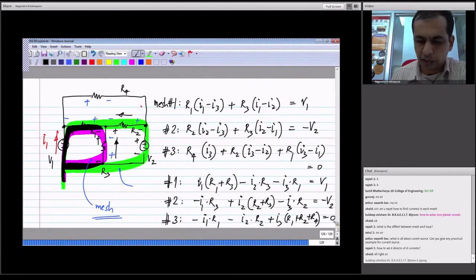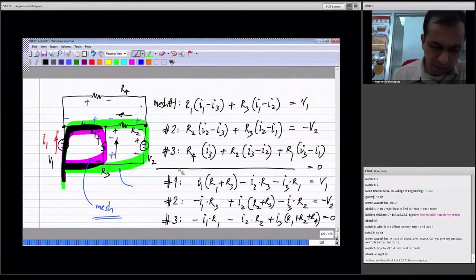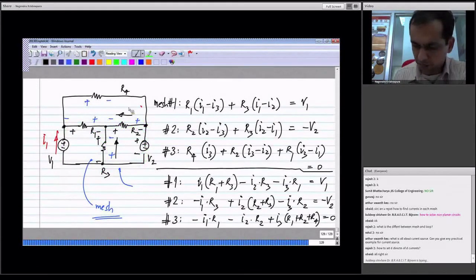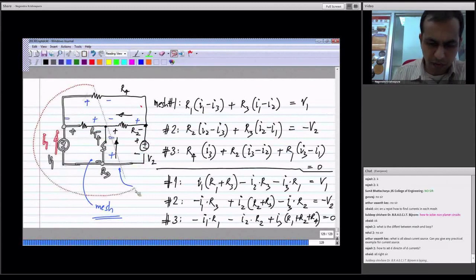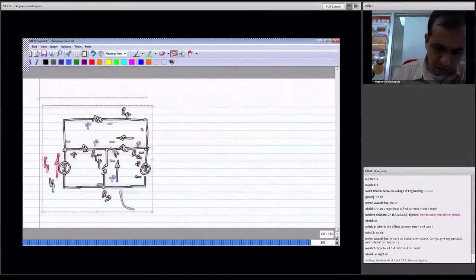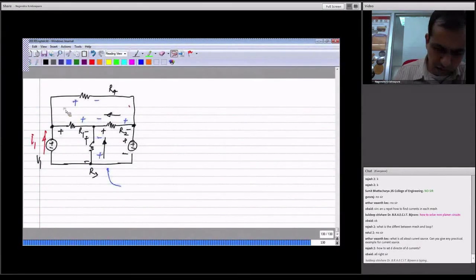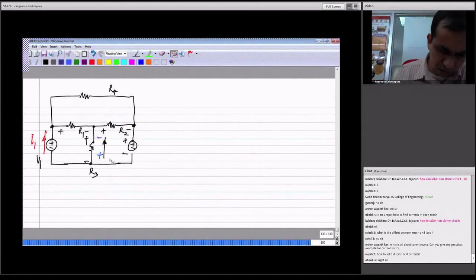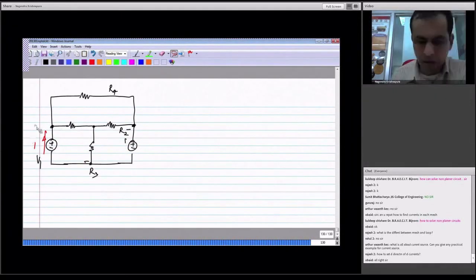So these are the mesh equations. Now let me copy over the mesh equations also.